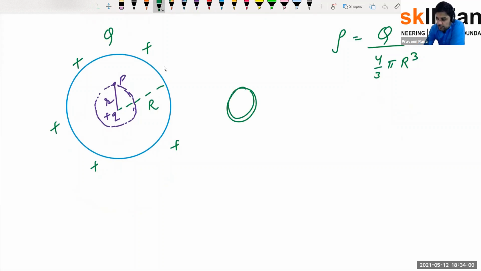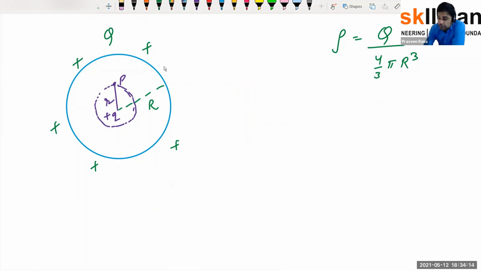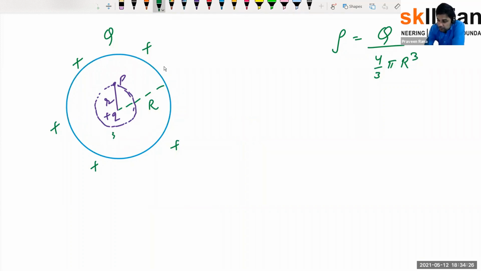Let's say I have a shell. On this shell, there is a charge Q. What will be the electric field inside this shell? 0. Yes. Now, the point P is here. Let's say I have made a shell, this one. These parts would act like a shell or a combination of a lot of shells, and electric field due to these shells will be 0.